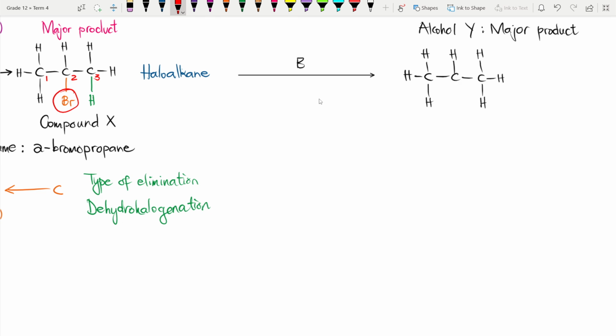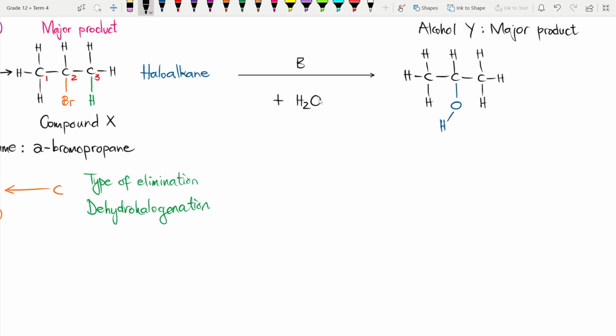That is the one that is going to be kicked out. So when we kick that out, what are we actually adding here on this carbon? H2O. Not really H2O, but OH. I'll show what happens to H2O. But in the reaction itself, we are adding water. So we are adding water.